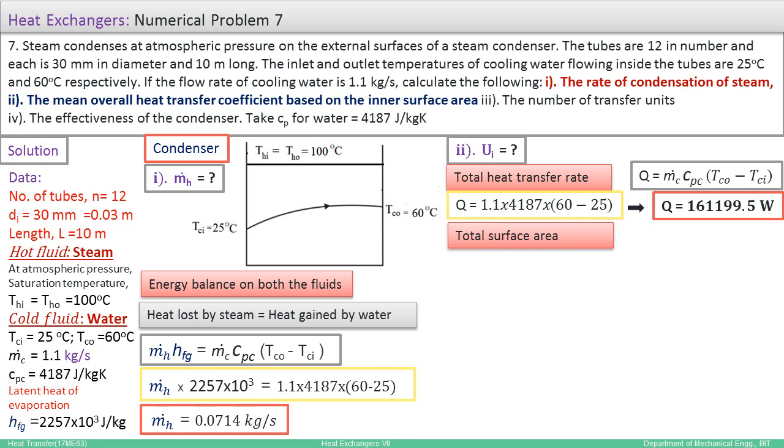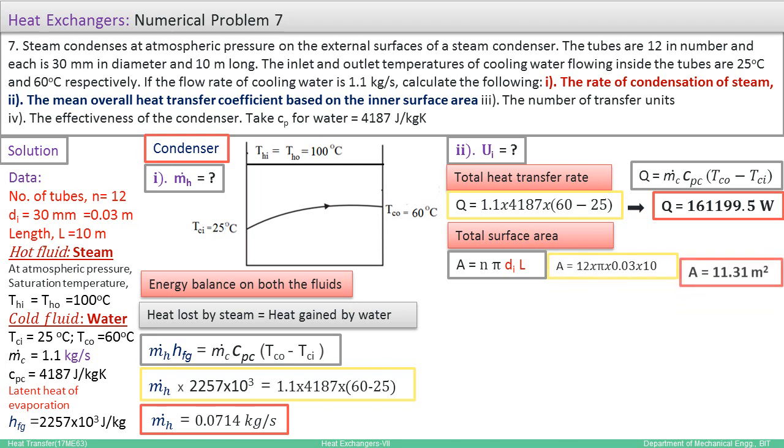Since we have to find the overall heat transfer coefficient, we should also know the total surface area, which is n into pi into di into L. Remember, this is for the total surface area. Since it is asked based on inner surface area, di is taken. So n is the number of tubes, and substituting that we can get the value of total surface area available inside the pipe.